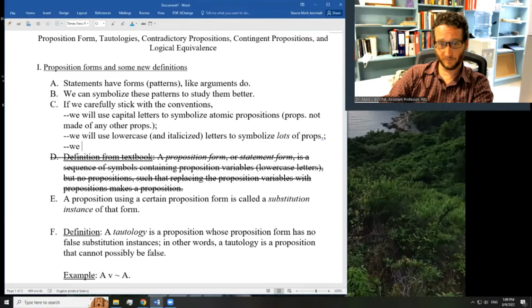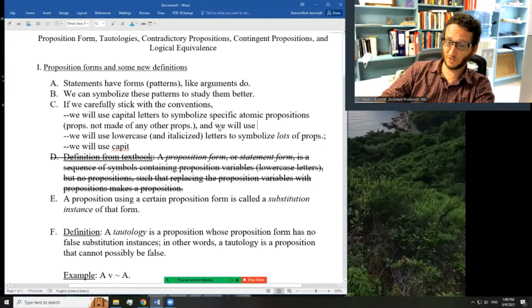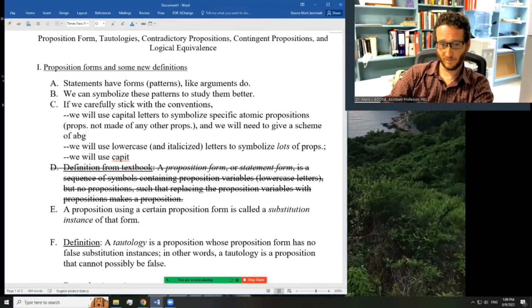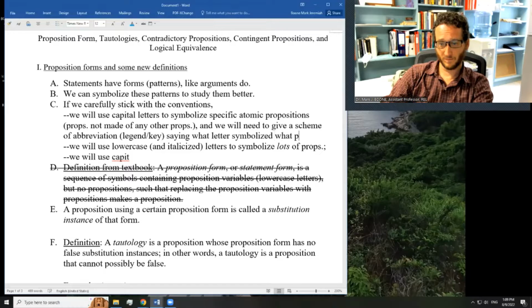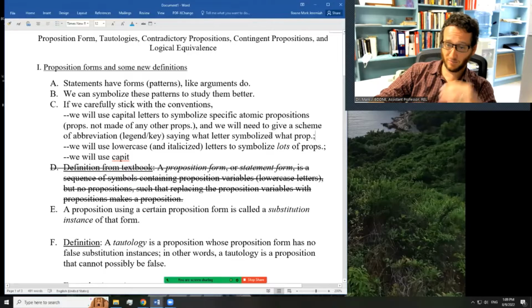And therefore, noting that we will also need to give a scheme of abbreviation or legend or key saying what letter symbolizes what proposition.